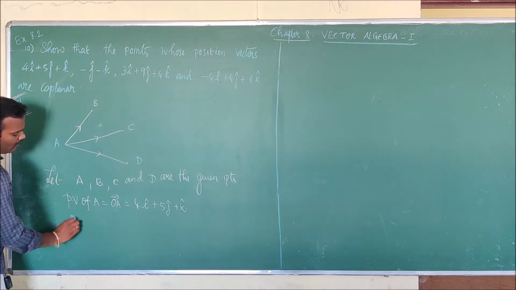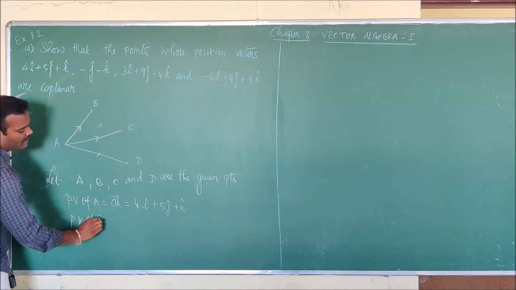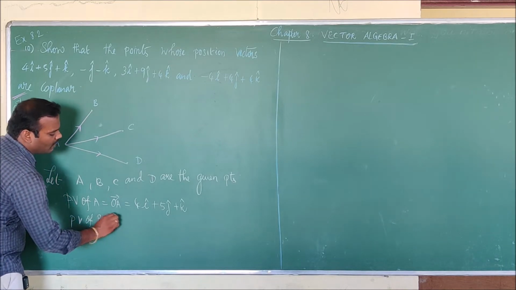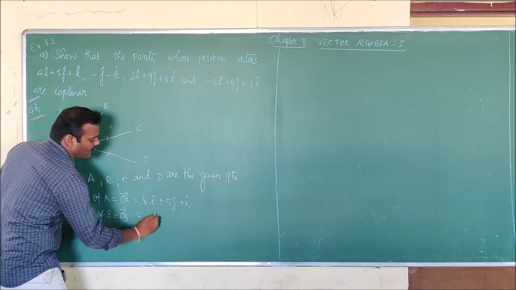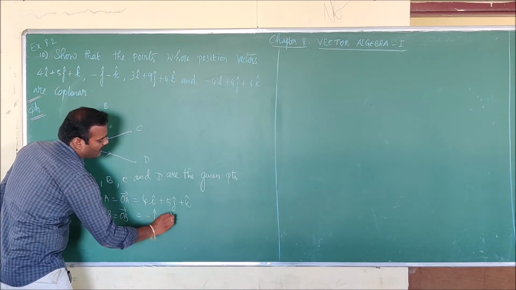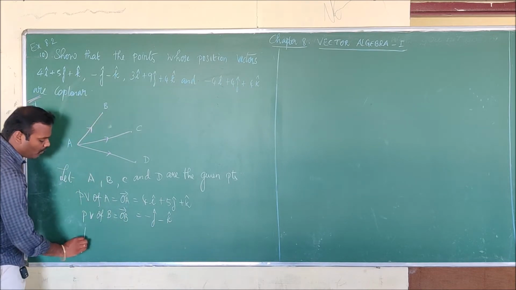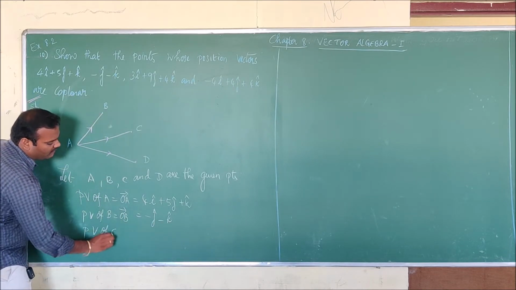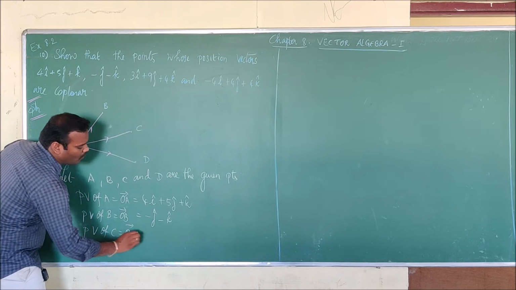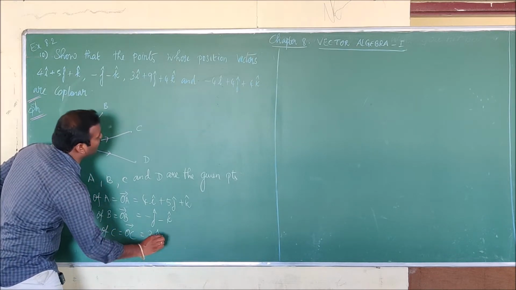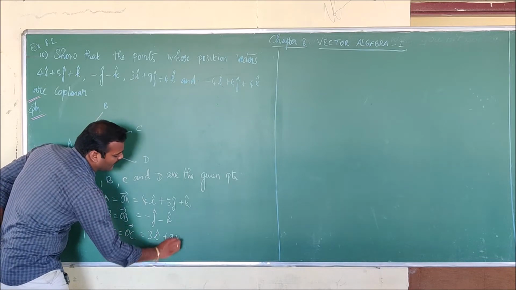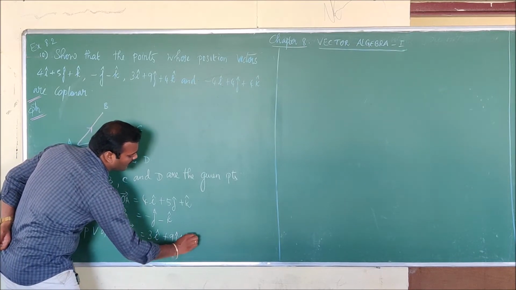Okay, next the position vector of the point B is OB vector, what is the second vector? Minus j cap minus k cap. Then the position vector of the point C is OC vector, which is 3i cap plus 9j cap plus 4k cap.